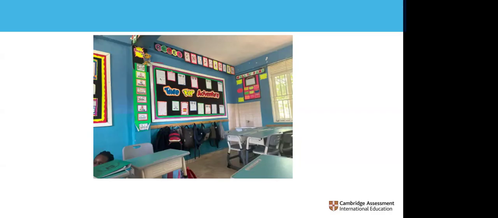Because in teaching and learning, in order for us to attain the objectives of teaching, we must first work on the environment. Otherwise, if the environment is not worked on, there are some attributes that the learners may not be able to achieve.